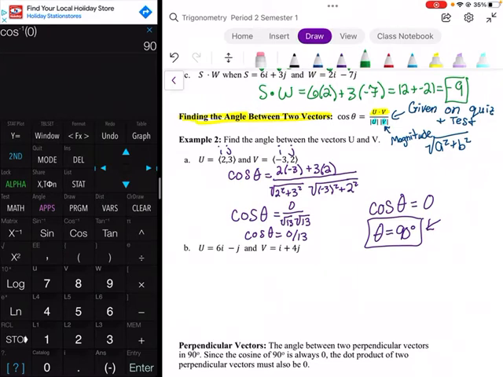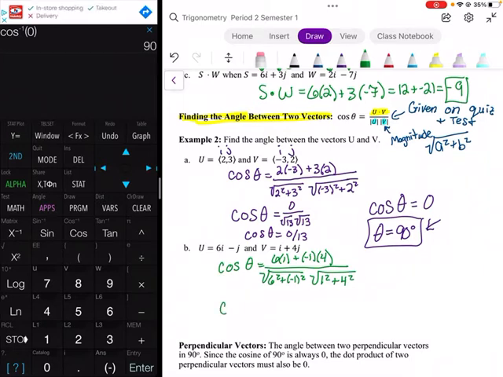So when you set up this formula, you should have had cosine theta equals 6 times 1 plus negative 1 times 4 all over the square root of 6 squared plus negative 1 squared times the square root of 1 squared plus 4 squared.